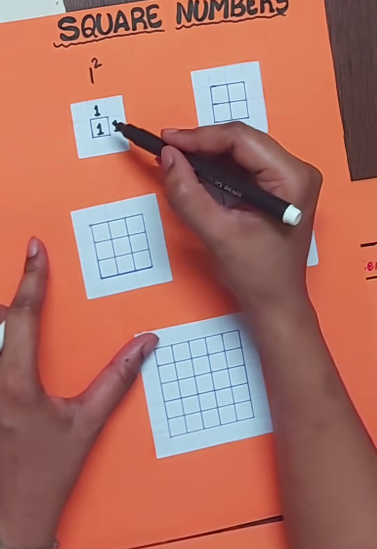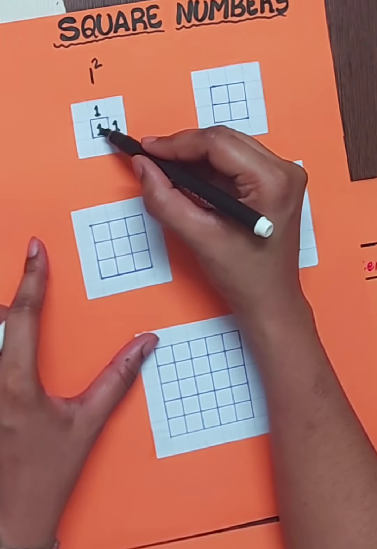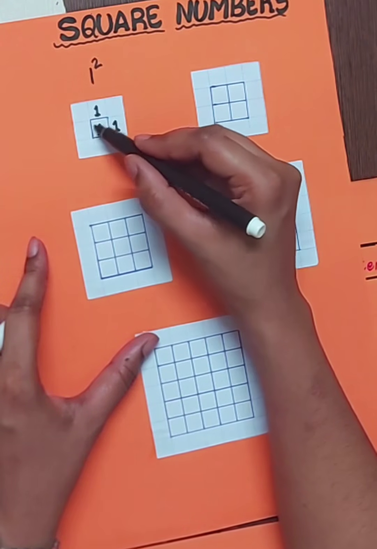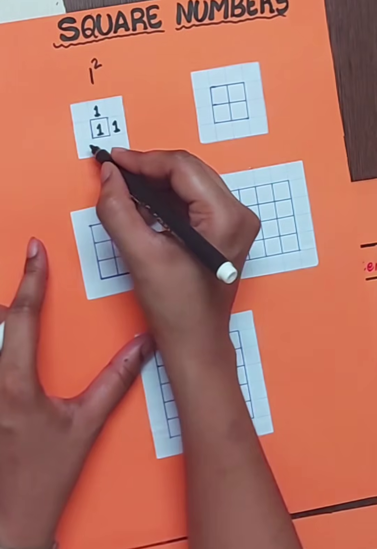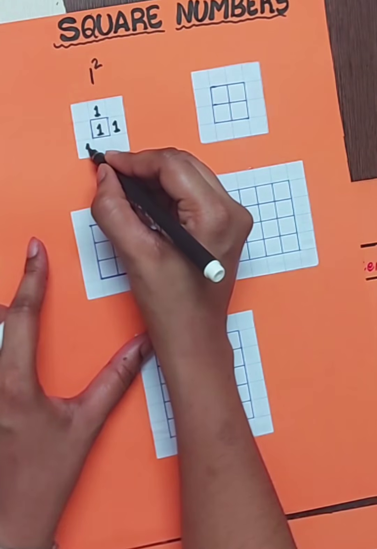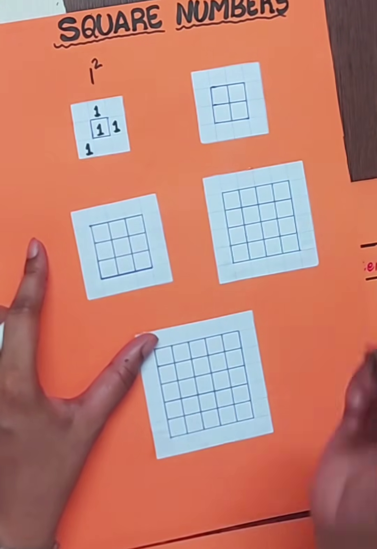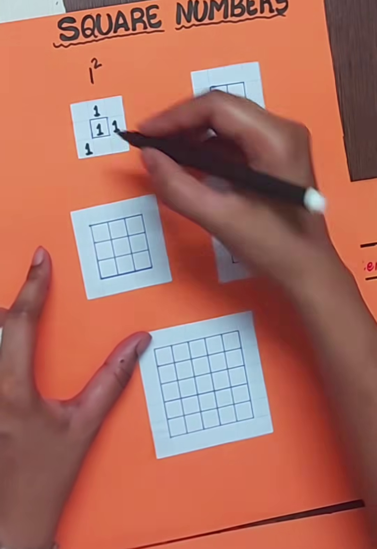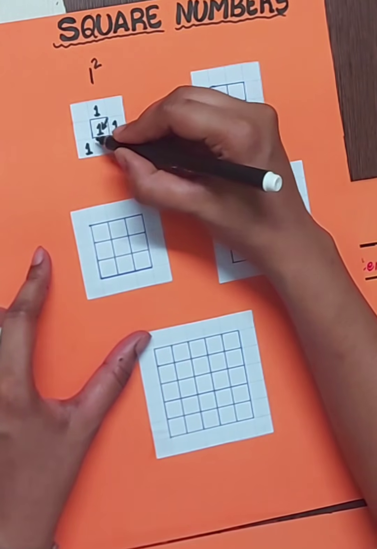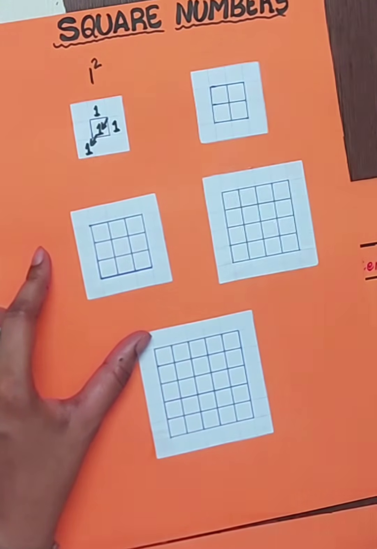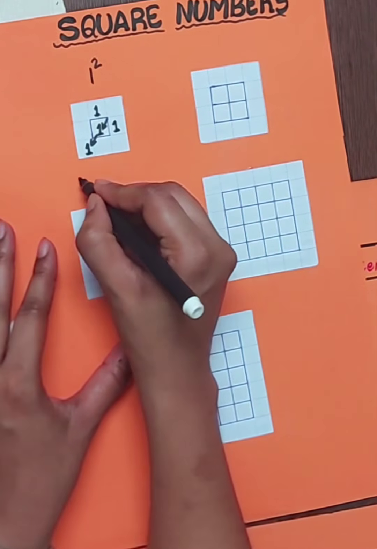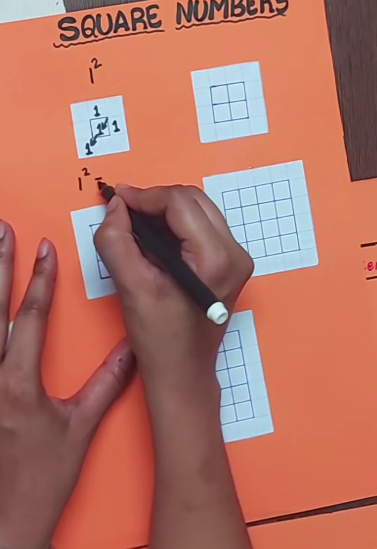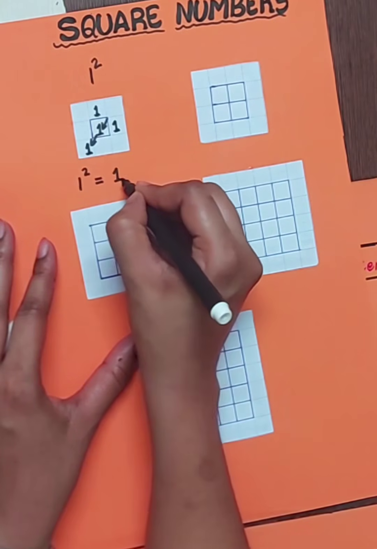Now we have to write the sum of the numbers here, but here we have only one number, so we will write 1 here. In this way, we'll draw the arrow. So we'll write here 1 square equals 1.